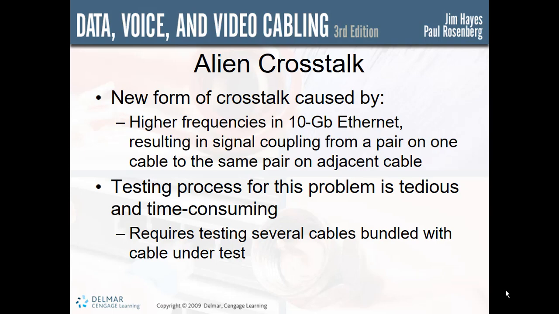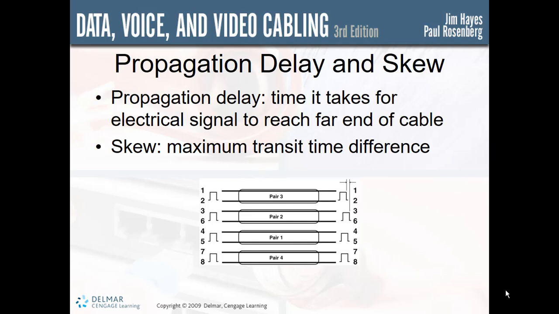Next we want to look at propagation delay, or simply delay. It's a measure of the time it takes for an electrical signal, traveling at about two-thirds the speed of light, to reach the far end of the cable. Testers measure delay as part of the process of measuring length. Now, because each pair has a different length due to the twist rate and a different NVP, there will be variations among the four pairs.